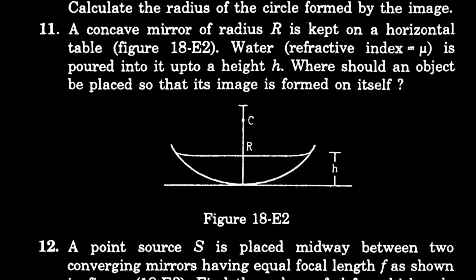In question 11, we have a concave mirror of radius r kept on a horizontal table. Where should an object be placed so that its image is formed on itself? Solution 11. Let the object be placed at height x from the water.